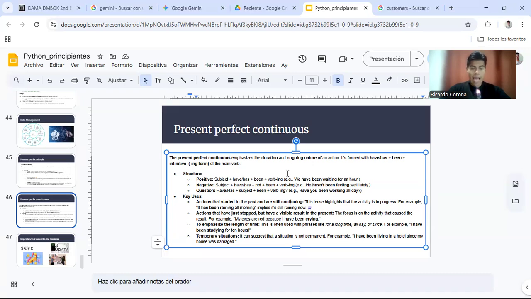The key use is for actions that started in the past and are still continuing. This tense shows that the activity is in progress.